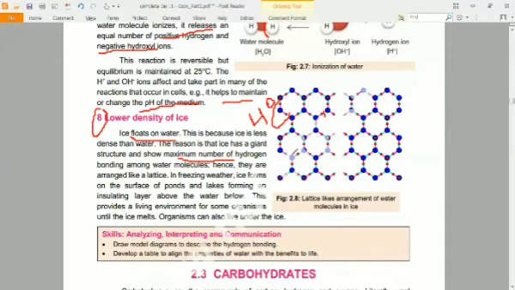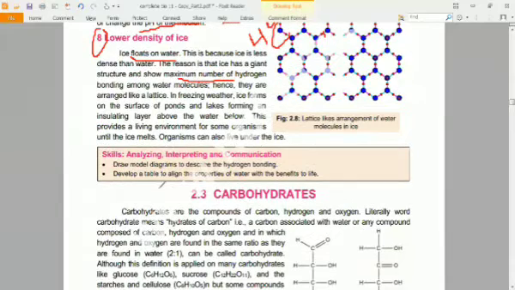But after that, the water is going to spread and arrange itself into this lattice form. This is the property which is very important for the aquatic animals.